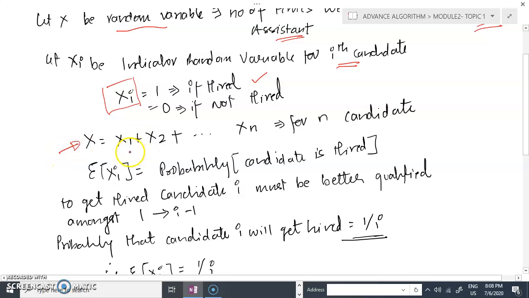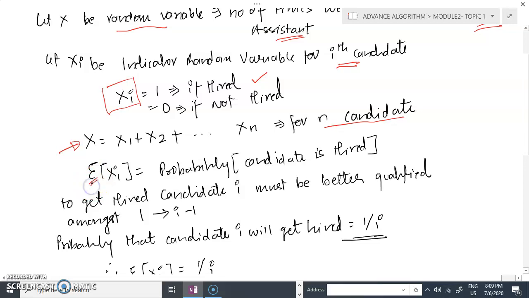It will be built from the indicator random variables x1, x2, x3, x4 up to xn, with respect to all n candidates. So x1 will be 1 if the first candidate is hired, else it will be 0. x2 will be 1 if the second candidate is hired, else it will be 0.